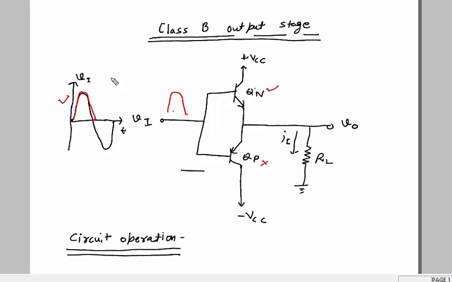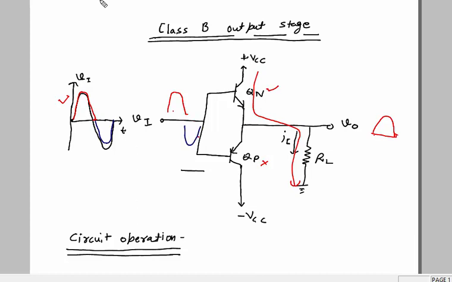The current will flow in this way. So V0 will follow Vi, so this will be the V0. Next, when we talk about the negative half cycle of the input, this will be the input.